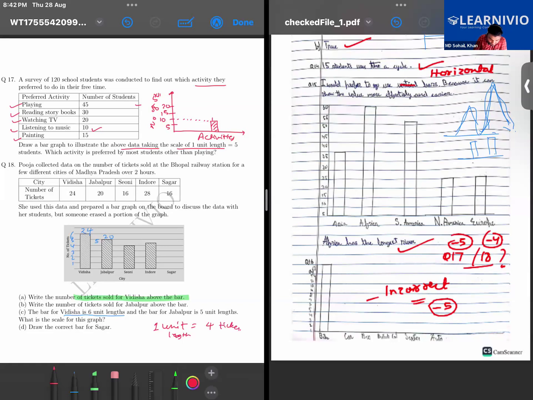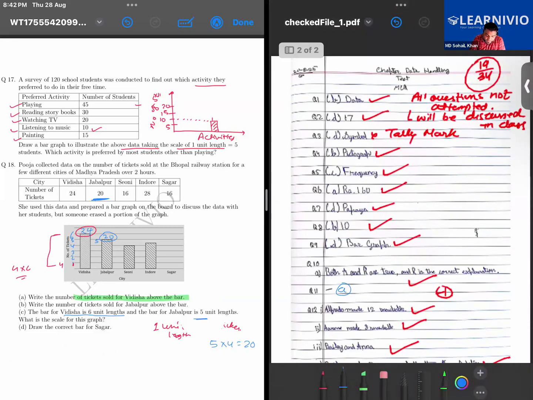Let me clarify this once again. 1 unit length means 4. Total unit length here is 6, so 4 times 6 is equal to 24. For Jabalpur it's 5 unit length over here, so 5 into 4 should be equal to 20 tickets. Isn't it 20 tickets for Jabalpur?